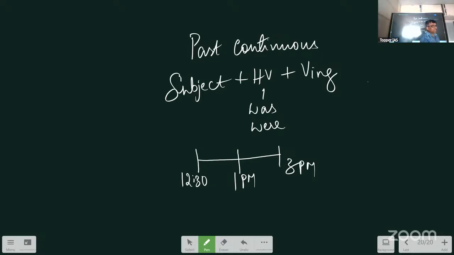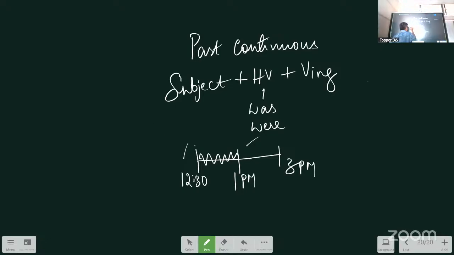Now at 3 o'clock, if I look back, 12:30 is also past, 1 p.m. is also past. Correct? What happens between these two pasts, that is past continuous. So something that happens between two simple pasts.